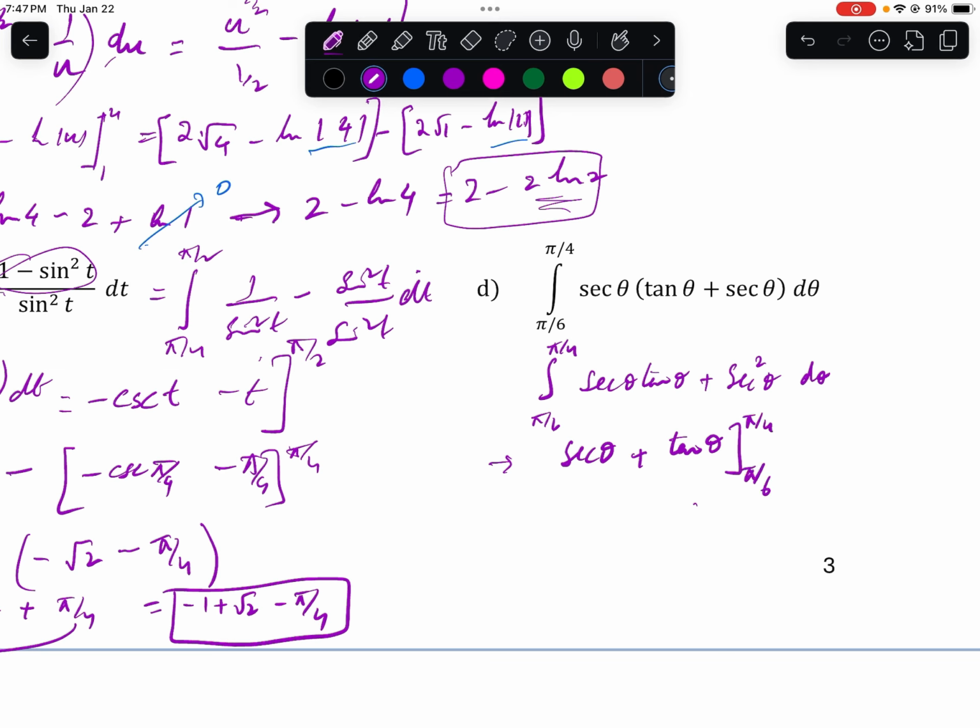Plug in the limits. Secant of pi over 4 plus tangent of pi over 4. Now you should know these values. You shouldn't be plugging them in the calculator and finding, because calculator will give you decimal values which are not accurate. You should know the accurate values of these trig functions.